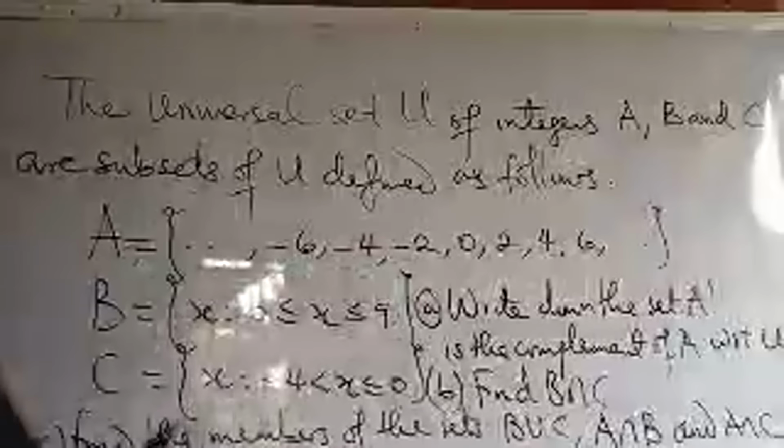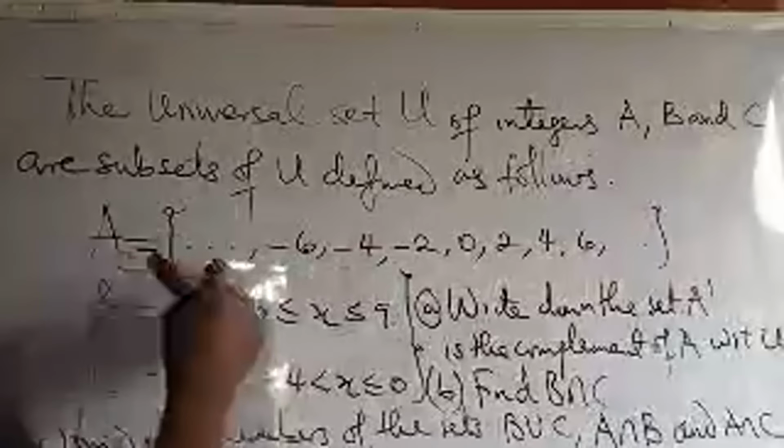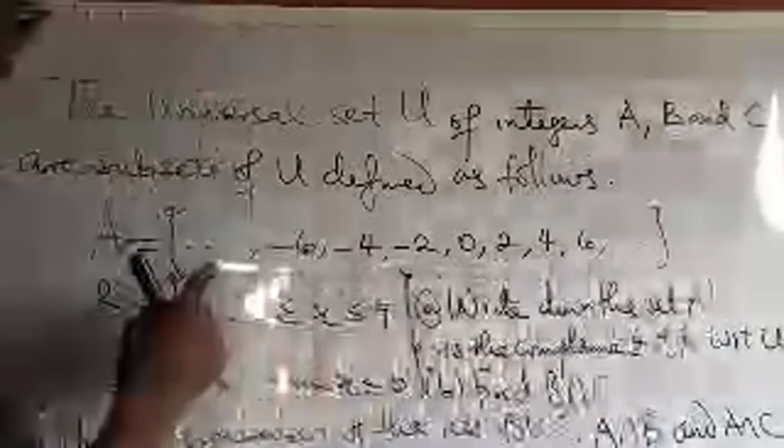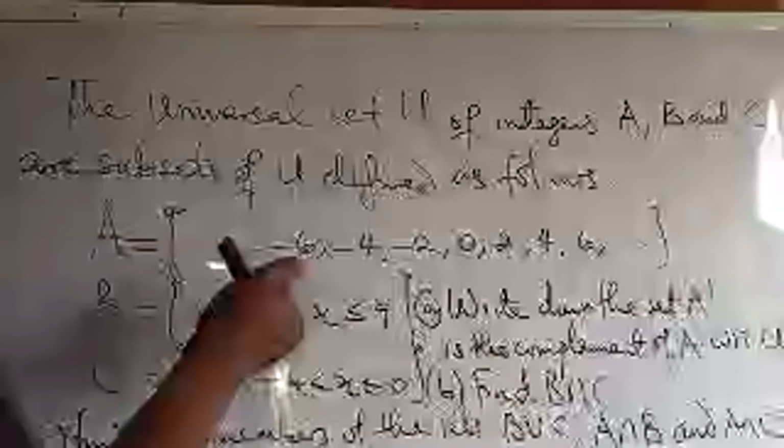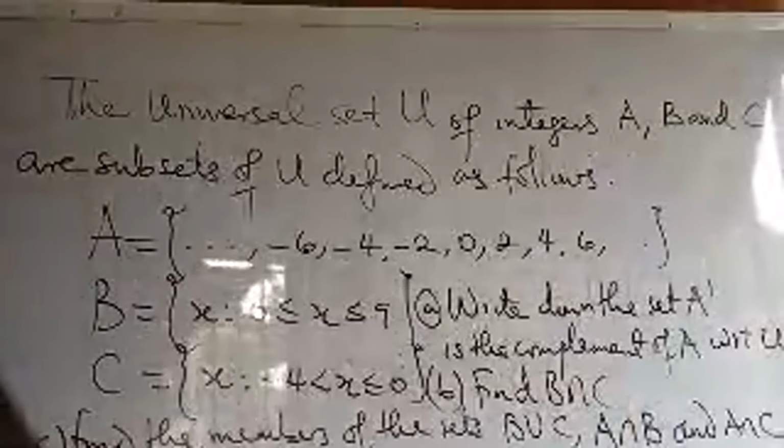So all the elements in A are even numbers. The three dots before the first element mean that there are other numbers that we cannot list them all. The list is endless, and after the 6 here, it also means that the list is endless. So obviously, it's a set of all even numbers, both negative and positive.